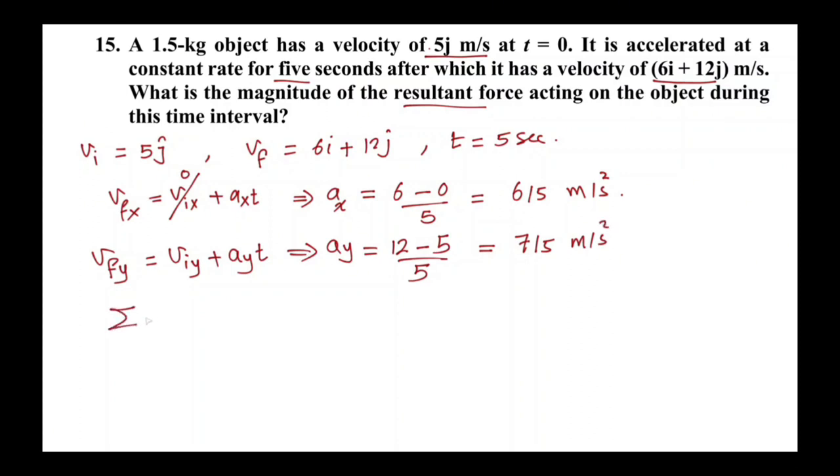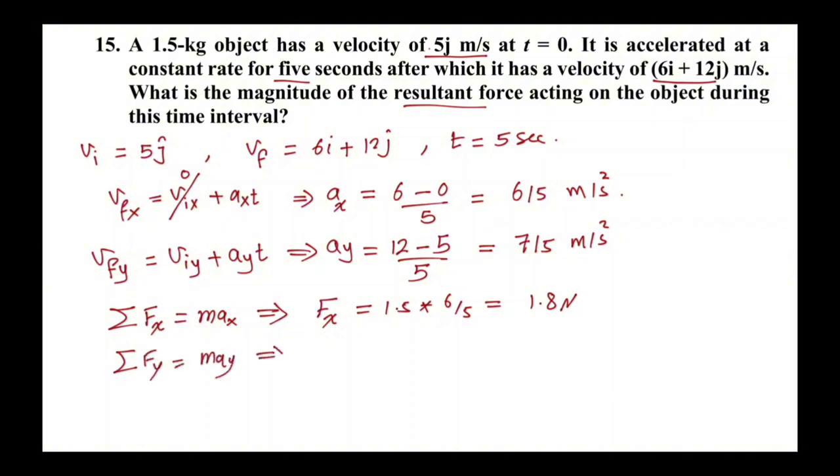Now sum of all forces on x equal to max, and fx in this case equal to 1.5 times 6 over 5, or 1.8 newtons, and sum of all forces on y equal to may, or fy equal to 1.5 times 7 over 5, or 2.1 newtons.